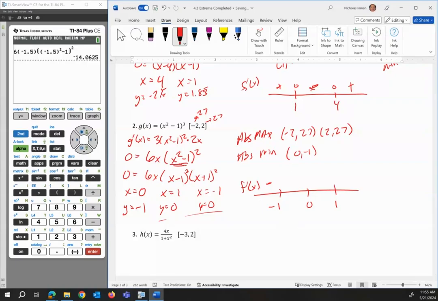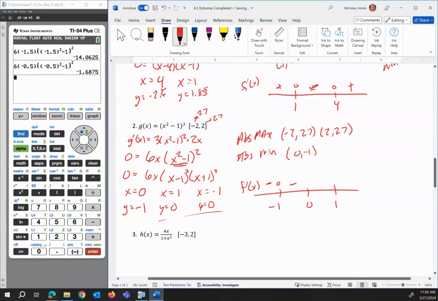It hits -1, and it has a slope of 0. In between -1 and +1, so like -0.5, our function also has a negative slope.